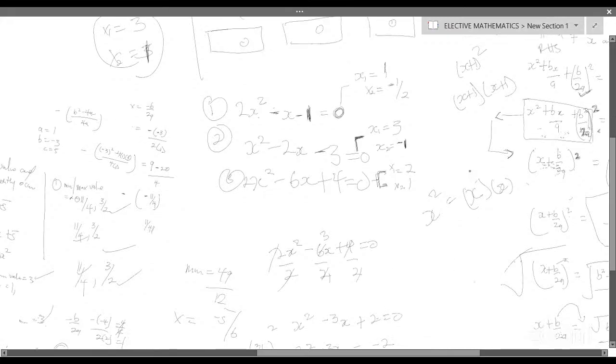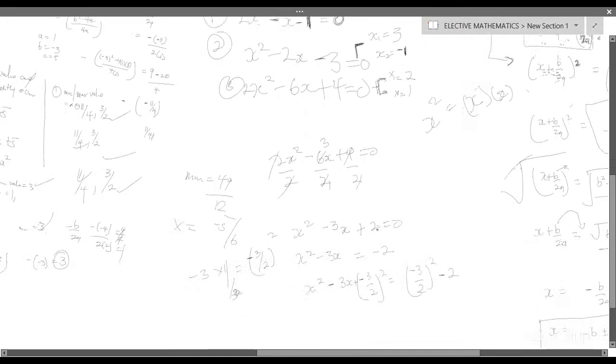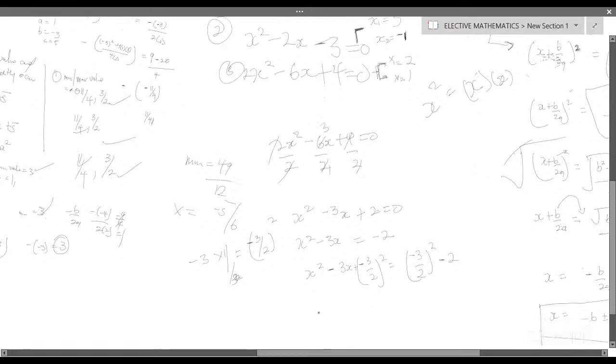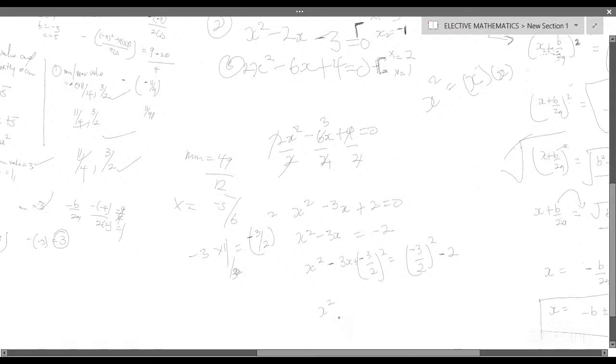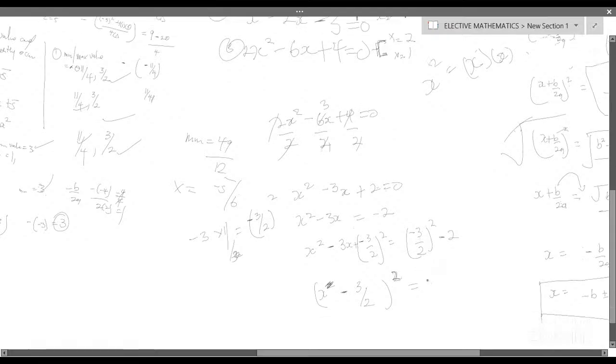So x minus 3 over 2, all squared, equal to, what are we going to get? 9 over 4 minus 2.